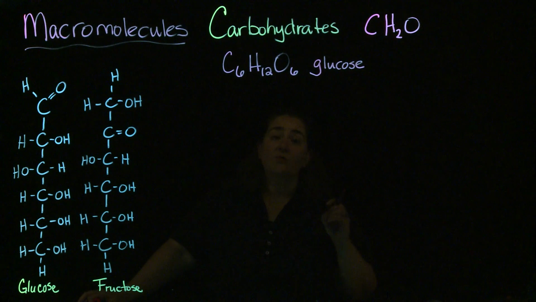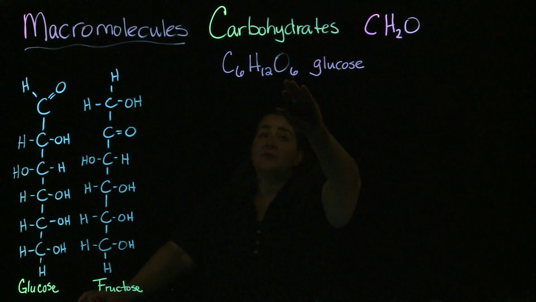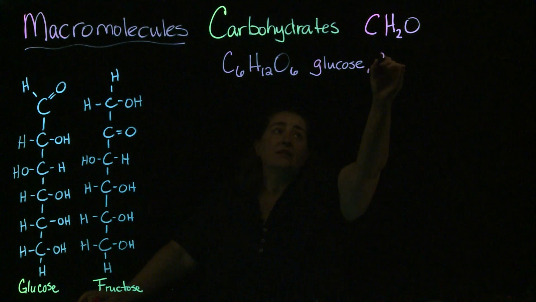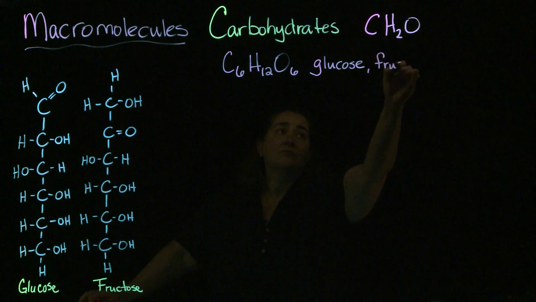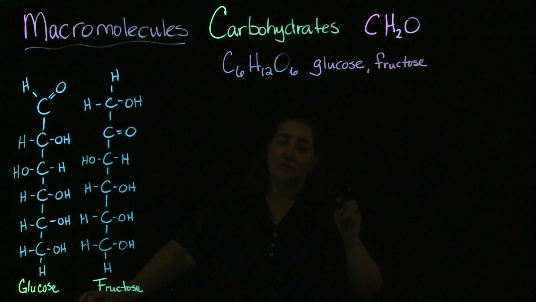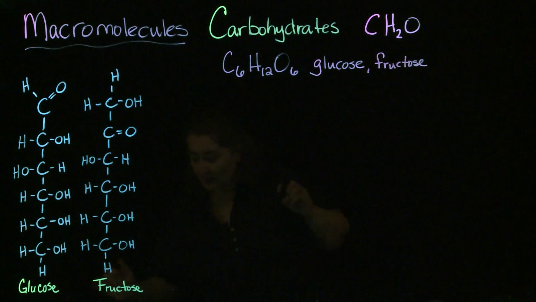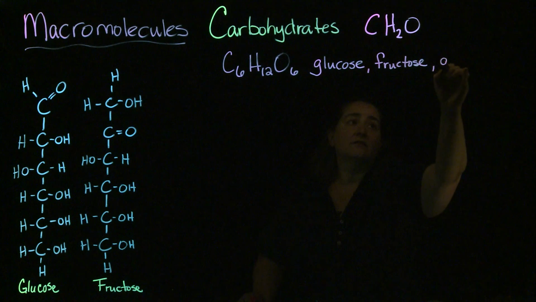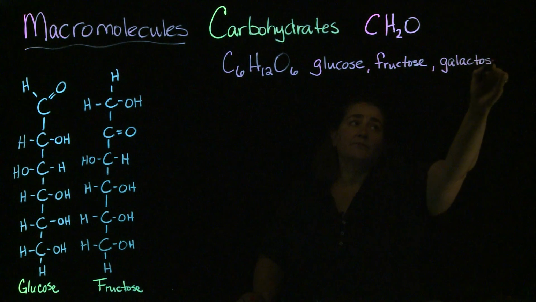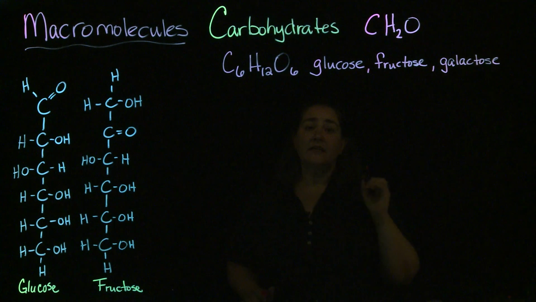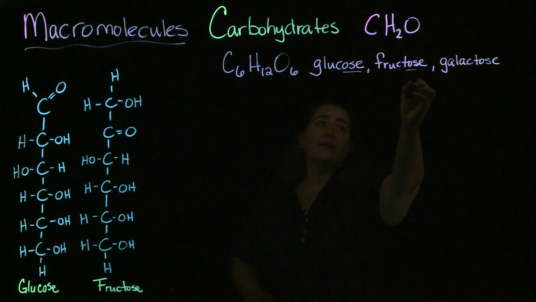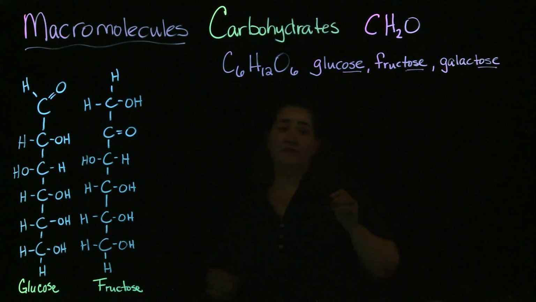But it's not only glucose that has this number of carbons, hydrogens, and oxygens; it's also found in fructose and galactose. If you notice, each of these ends in OSE.